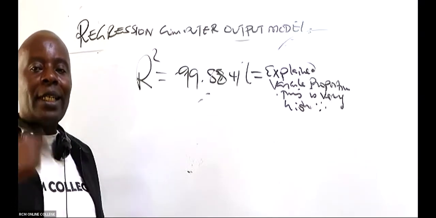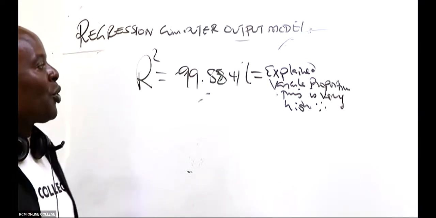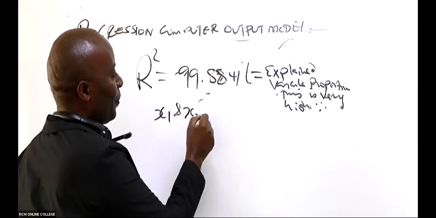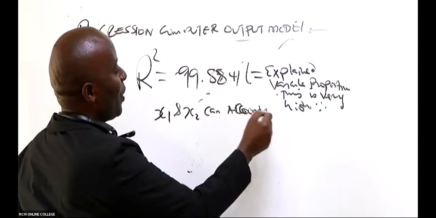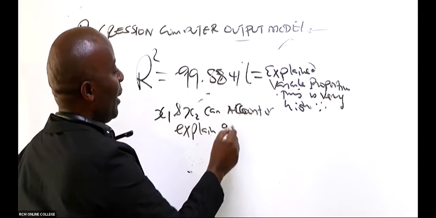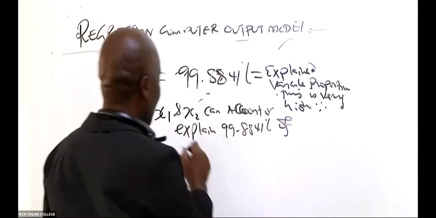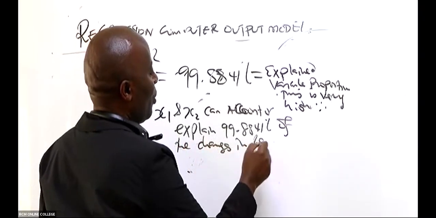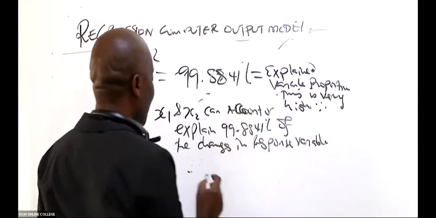But in this case, a technical person like yourselves can make a better explanation than that. What you need to tell us is that x1 and x2 can account for or explain 99.8841% of the changes in the response variable y.